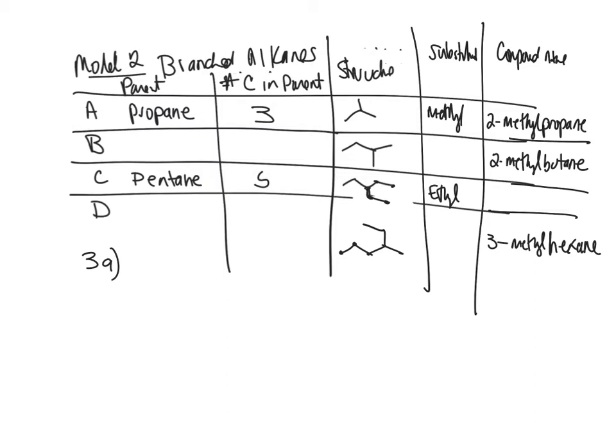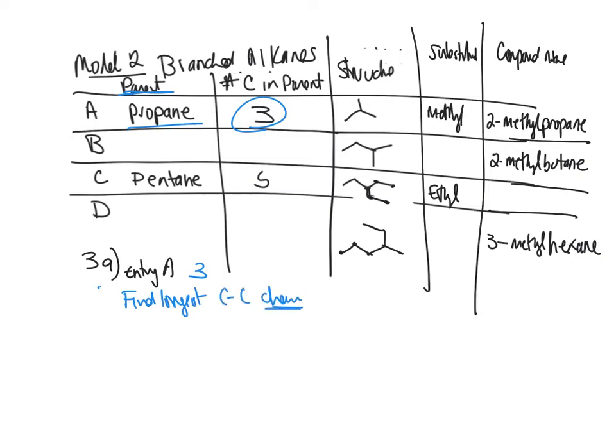All right, so now we're on 3A. How many carbons are in the parent chain? Okay, so we're looking at entry A. So do you write down 3? There's 3 carbons in propane, the parent. Circle the parent chain in the structure shown. The parent chain is, you find the longest carbon-carbon chain.